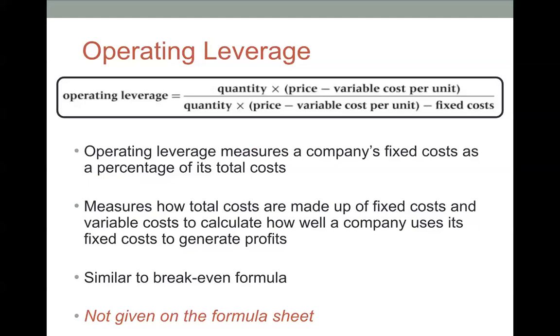So if you look at the numerator and what's in parentheses, we are looking at price minus variable costs per unit, aka average variable costs. Price minus average variable cost is simply unit contribution. That is necessary to understand and know. Price minus average variable cost, unit contribution. You take that times the quantity sold, and that gives you total contribution.